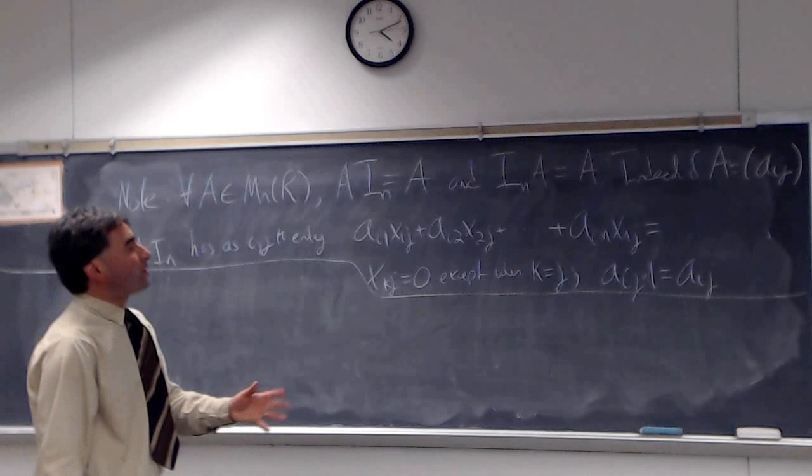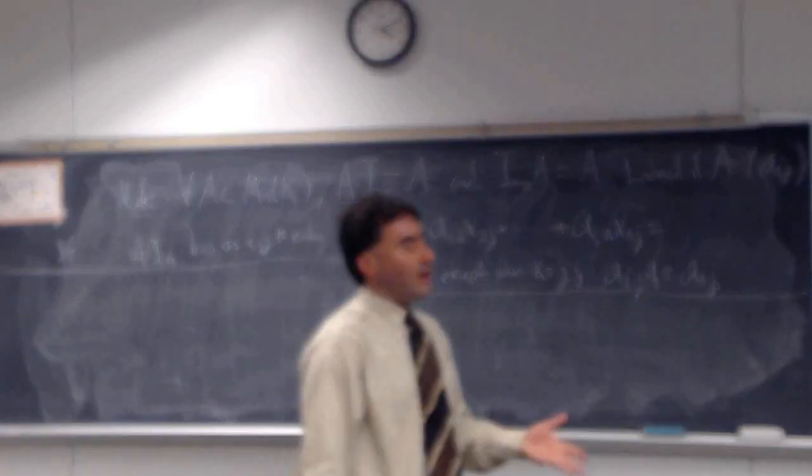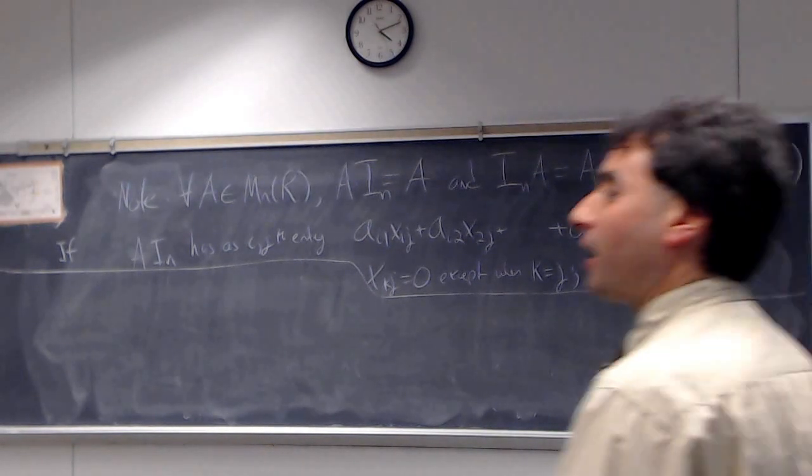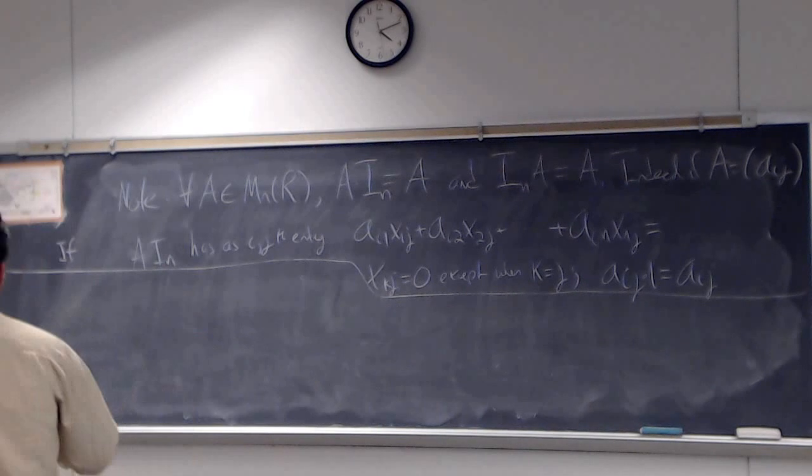So just like numbers, if you have 5, you can multiply by 1/5, and that'll take you back to 1. What matrix can we multiply matrix A by to take us back to the identity?